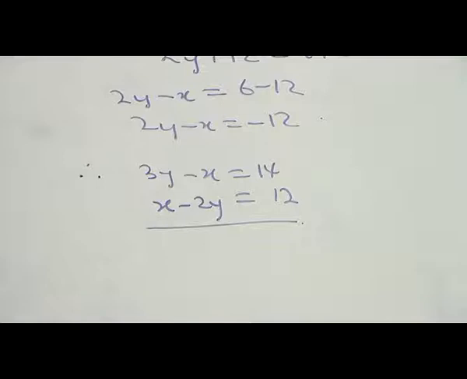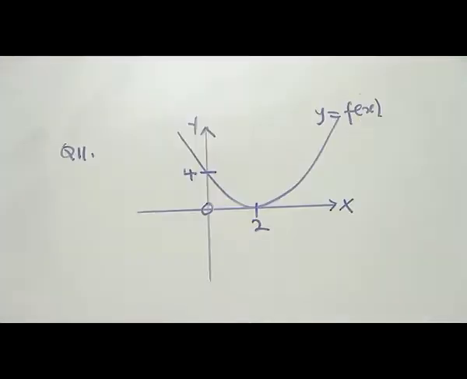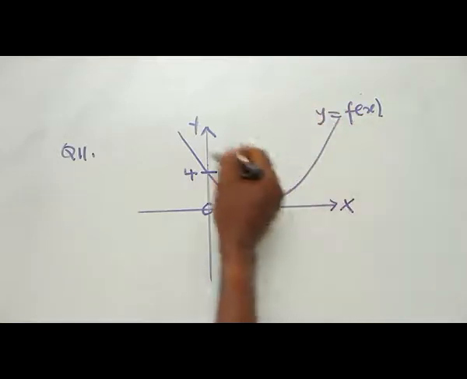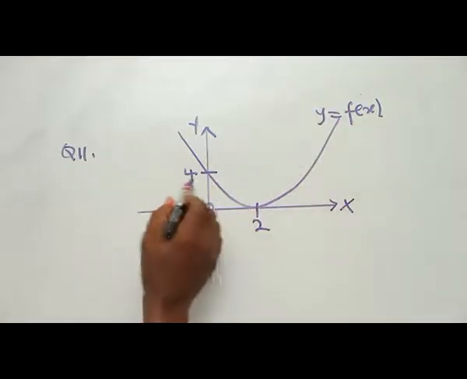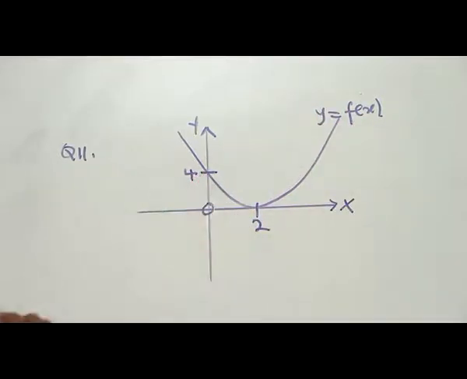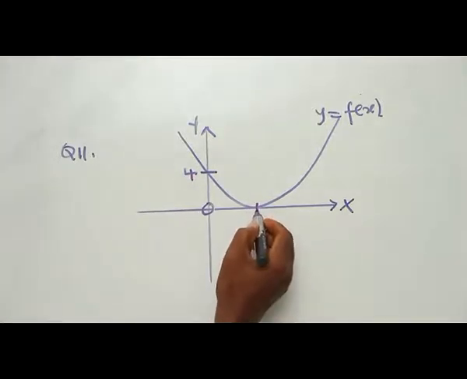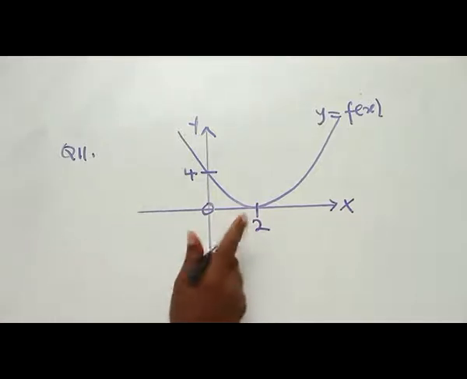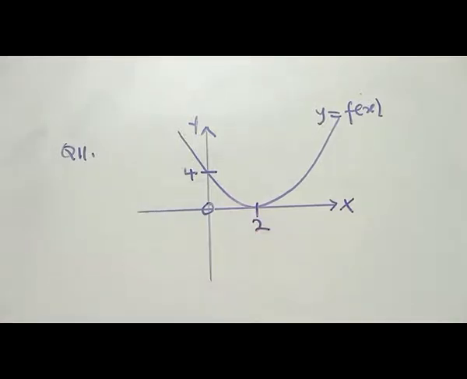Now we have question number 11, and here is another graph given to you. But this graph is cutting the y-axis at this point and touching the x-axis at one definite point. Just one point, not distinct. One definite point here.